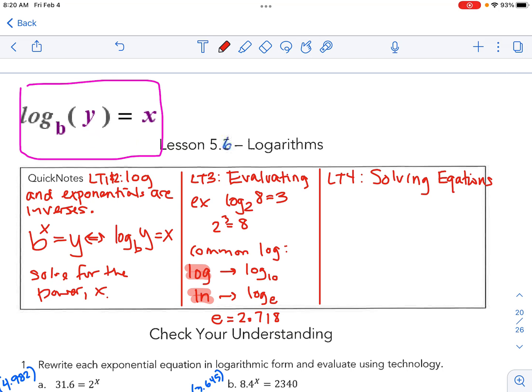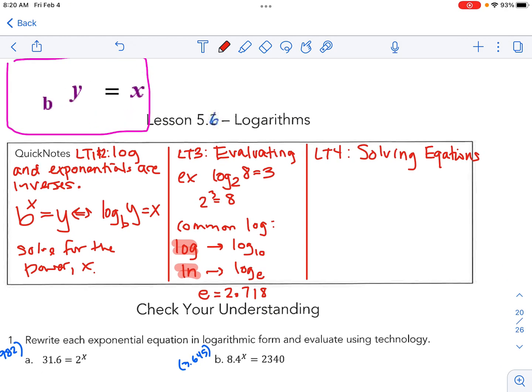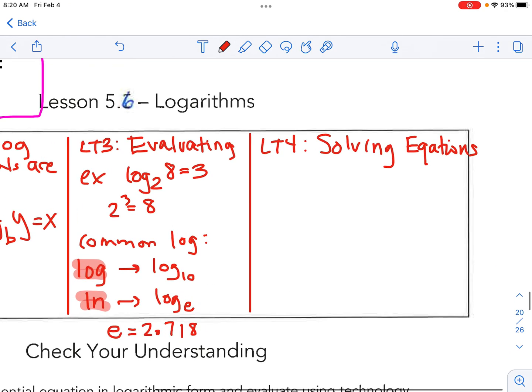And just a quick caveat: if we have a log of any base, and we can rewrite the answer as the same base to a power, then that just equals the power.